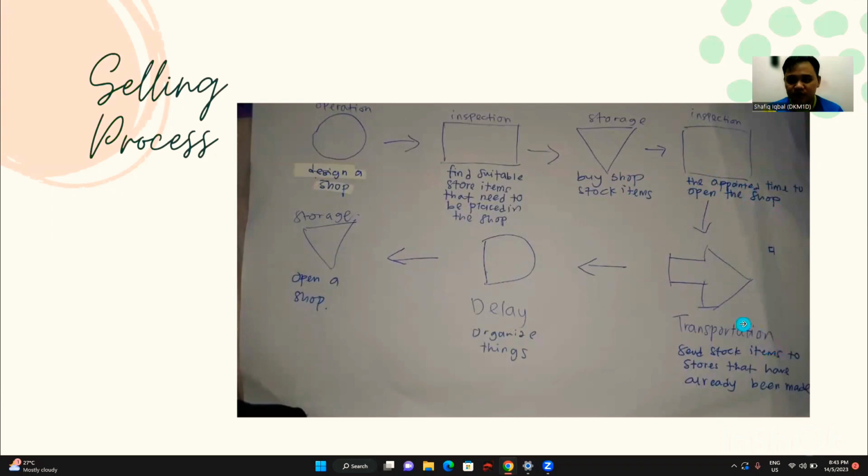Next is transportation, which is the stock item that we store at the storage will be transferred to the shop. And then next is delay, which is we delay to open the shop because we need to organize things such as where to put the stock items in the shop.